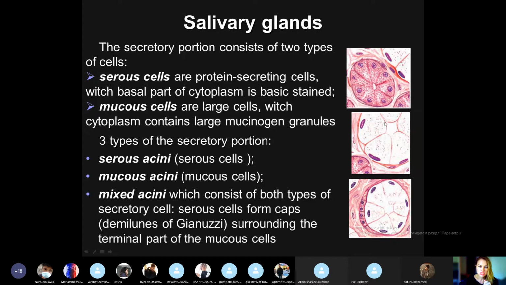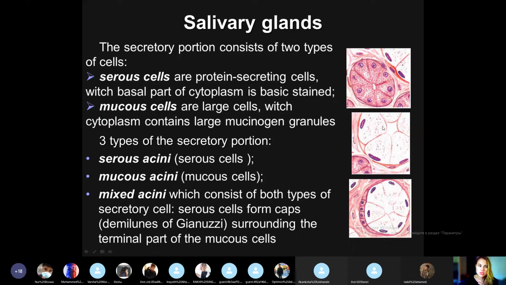And the mucous cells. The mucous cells are much bigger and they have light cytoplasm. The color of the cytoplasm is a result of the secretory products of each of these cells.